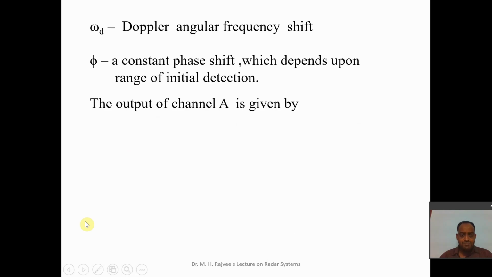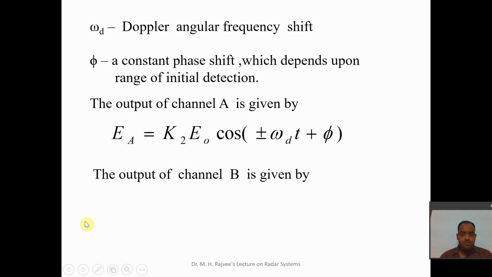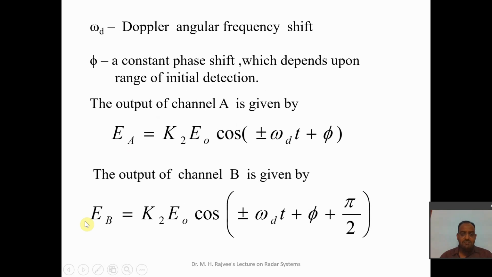Now the output of channel A is given as follows. Channel A gets one input, E naught cos omega naught t. The second input is K1 E naught cos of omega naught plus or minus omega d, plus phi.